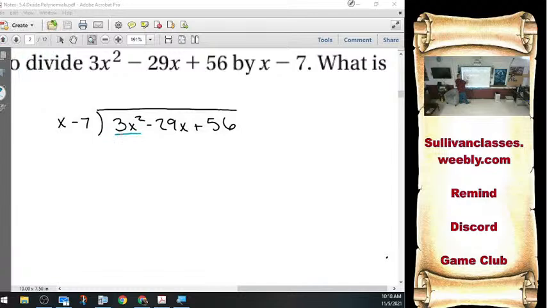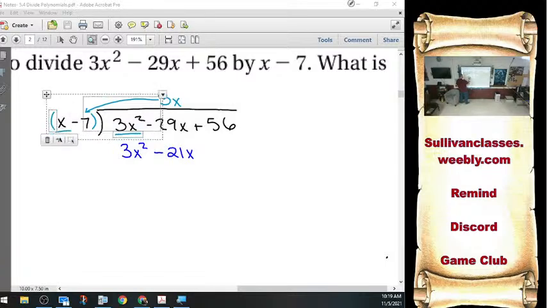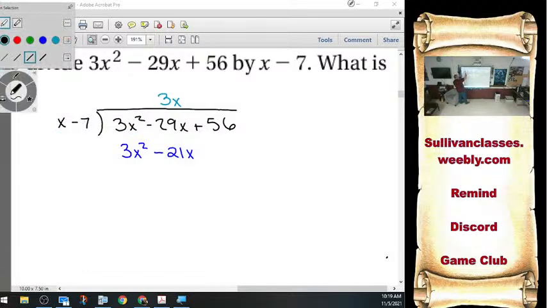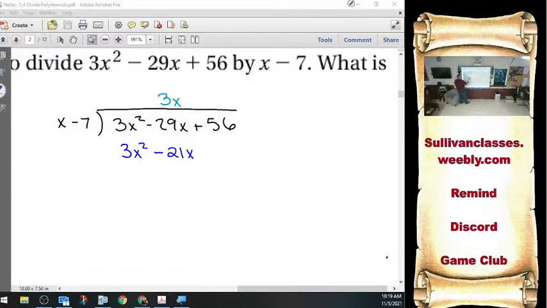What is 3x squared divided by x? Write it above your x term. Multiply it times this whole thing, getting 3x squared and a negative 21x. If I'm going to subtract that thing, then I'll change my signs, getting a negative 8x.